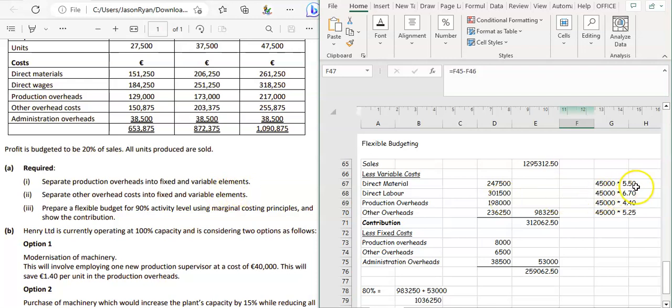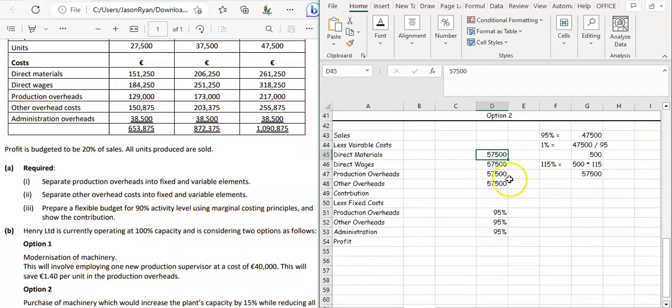So that was our variable cost per unit. Other overheads, €5.25, calculated as part of A2, separating other overhead costs into fixed and variable, so that's the variable cost. And as part of part 3, we calculated our variable cost per unit for direct materials and direct labour.